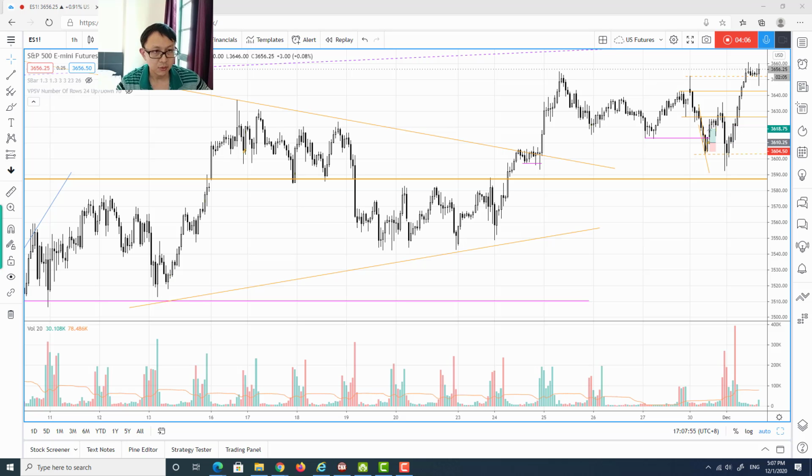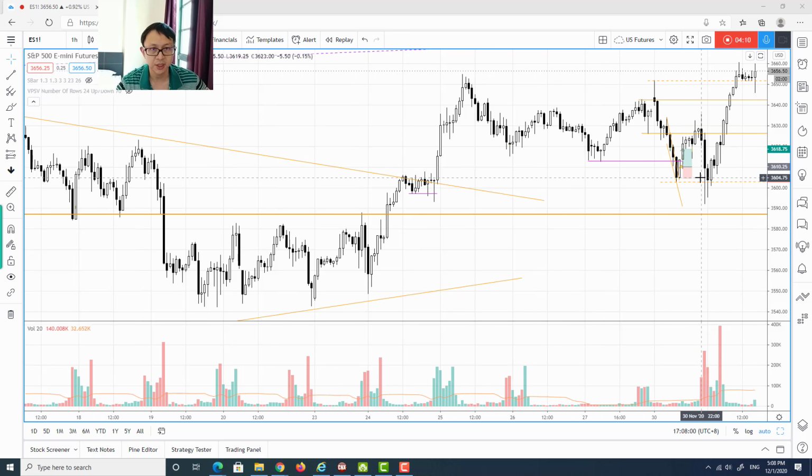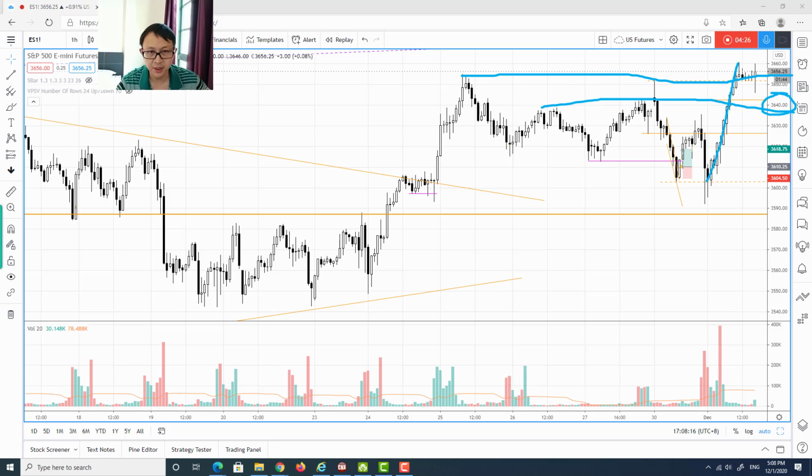In the morning session today, during the Globex period, the Asian plus the London European session, we have seen a relatively good rally as a sign of strength, breaking out of this immediate resistance level at 3640, and it is currently right at this resistance level at 3655, which is the previous swing high level. Anyway, I will talk more on the current market outlook in the later part of the video.